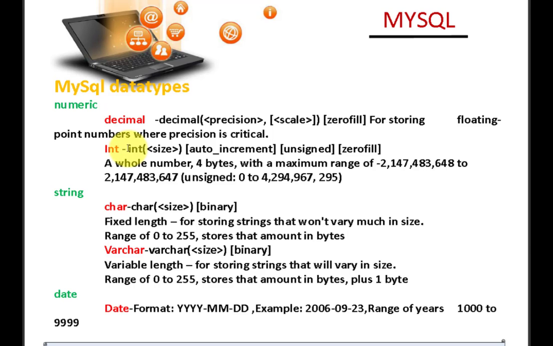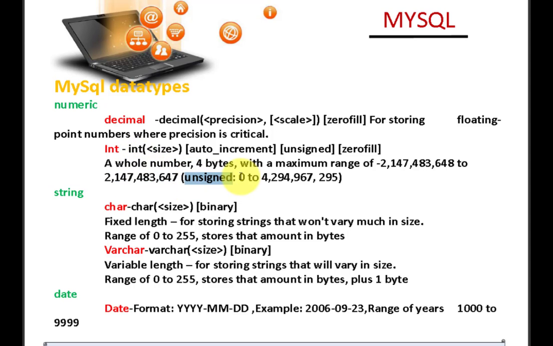Here you can see its syntax is simply integer, and within parentheses you can assign the size. Any size you can assign in this parameter. It keeps a whole number. Int only keeps a whole number, in 4 bytes, with a maximum range from minus to positive, and this range comes under the integer.